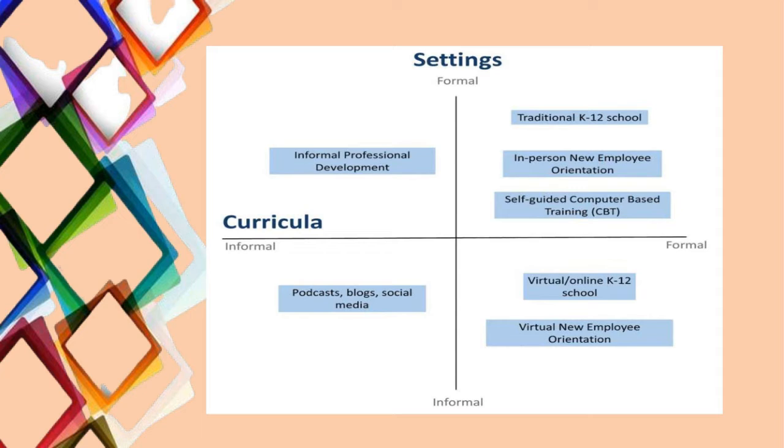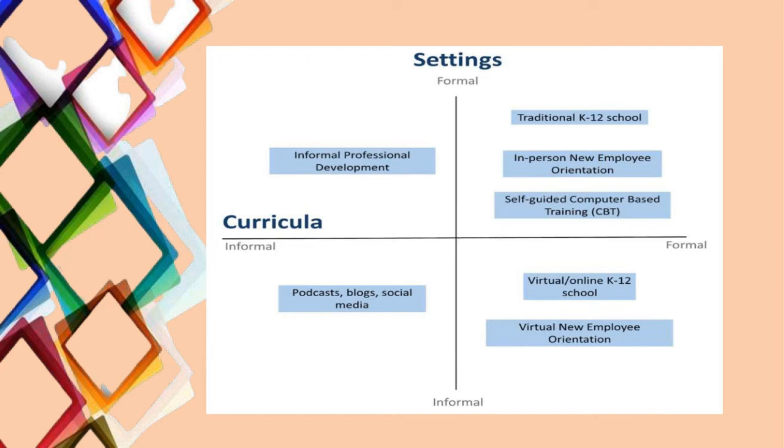And an example for formal settings but informal curricula is informal professional development. These are examples of activities or learning that can be seen in formal settings and informal curricula, or formal curricula and informal settings.